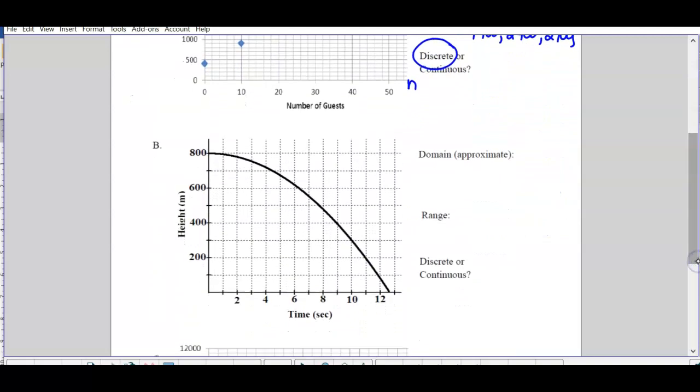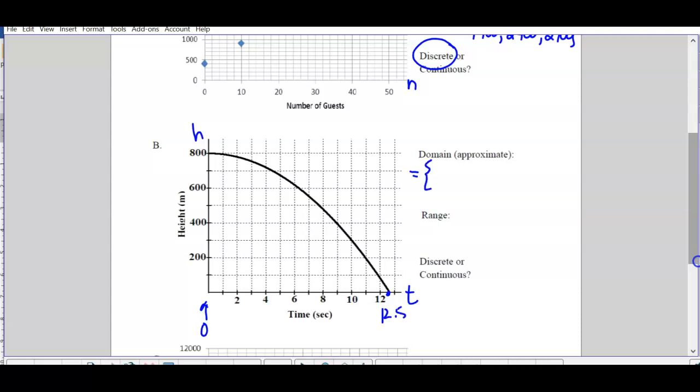Next one, it says domain approximate, because it's a little bit hard to tell. Time will be t. This is height, and it looks maybe to be about 12.5. Can't really tell for sure. But from 0 to 12.5 for your domain.